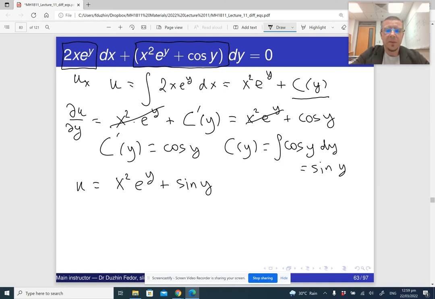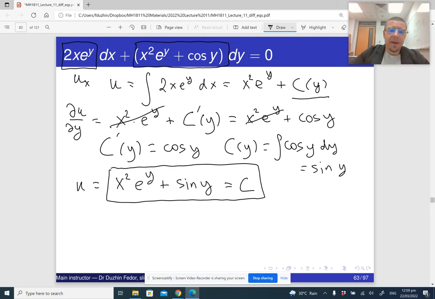And the general solution of the differential equation is going to be this thing equals some constant c. Now, if we wanted to express y as a function of x, then we wouldn't be able to, because you can't really solve this equation for y.